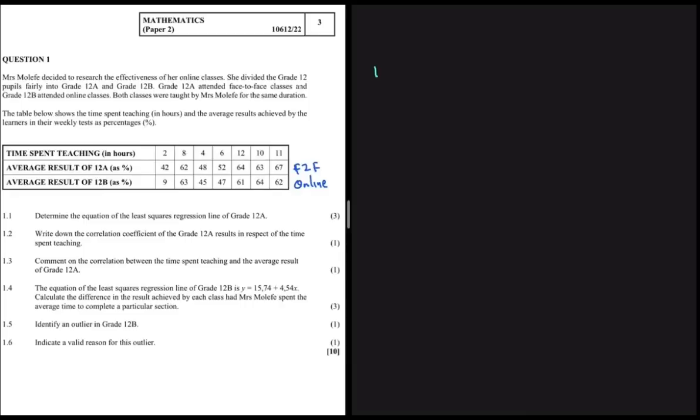Question 1.1 says let's determine the equation of the least squares regression line of 12A. Our x is going to be the time spent teaching, so let me write that down.